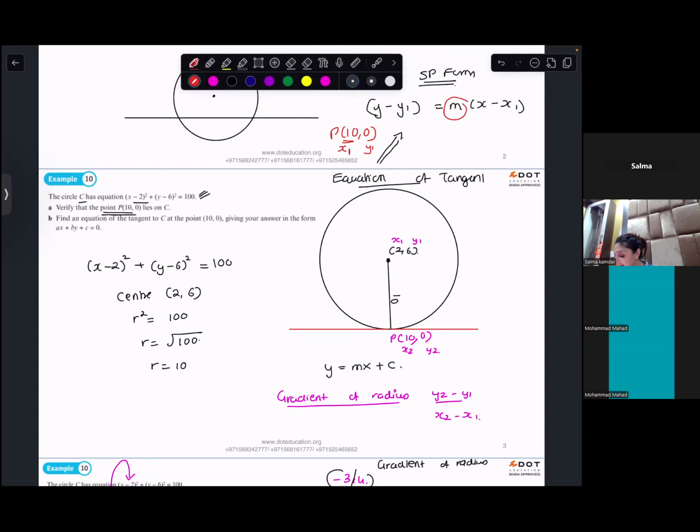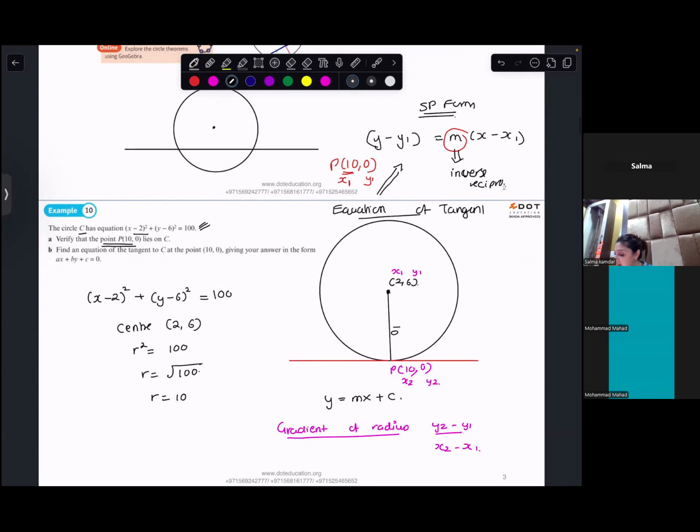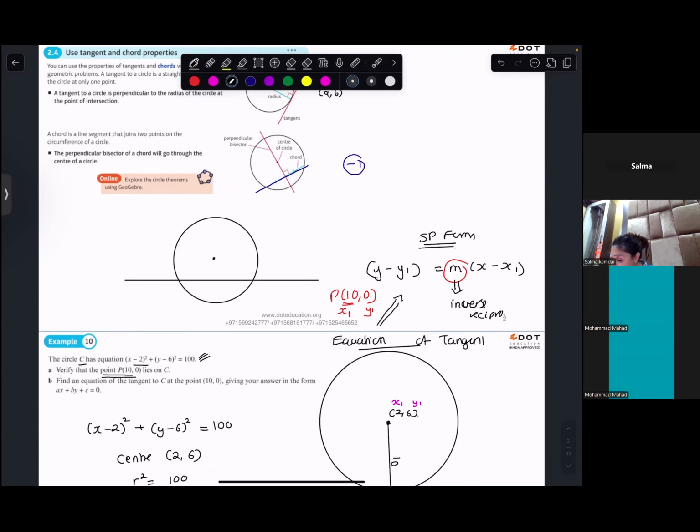How did we find the gradient? We multiplied the gradient of the radius with the inverse reciprocal of the gradient of the radius. Why the inverse reciprocal of the gradient of the radius?